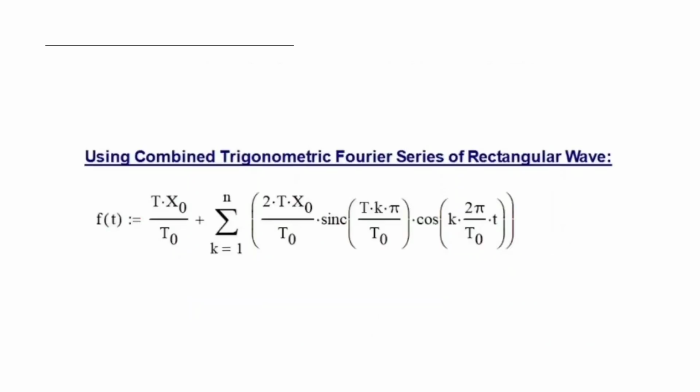Now using the combined trigonometric Fourier series of the rectangular wave, which is f of t equals T x naught over T naught plus the summation from k equals 1 of the quantity 2T x naught over T naught sinc of T k pi over T naught, times cosine of k times 2 pi over T naught times t, we arrive at these waveforms.